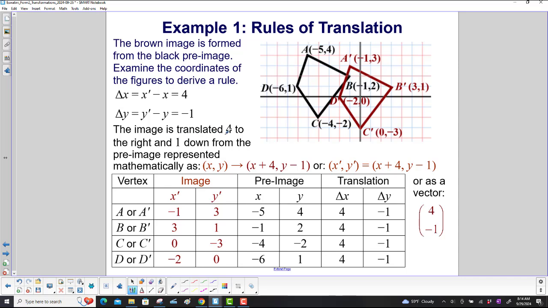We represent that mathematically as x comma y, the pre-image. You add 4 to the x component and subtract 1 from the y component. Another way to show it is that x prime y prime, which is the image, is equal to x plus 4, y minus 1, or show it as a vector, where we have 4 over negative 1.